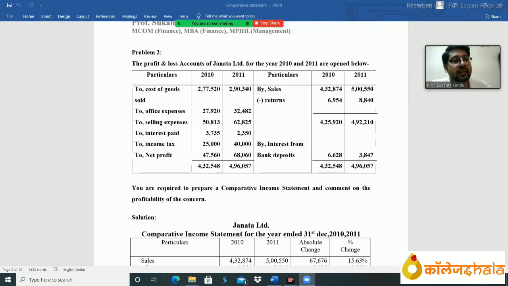Suppose you have deposited 5 lakh rupees in a bank and you are getting interest on it per year. So that income will be considered as your non-operating income.